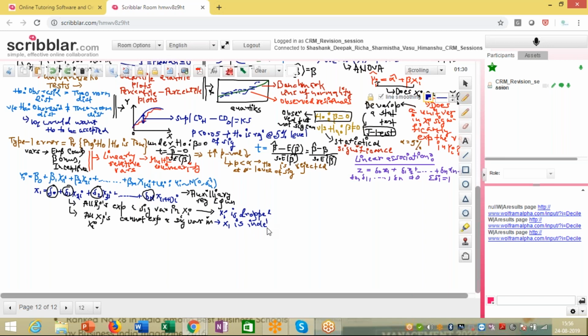So x1 is independent and hence is retained back. X is independent and retained.